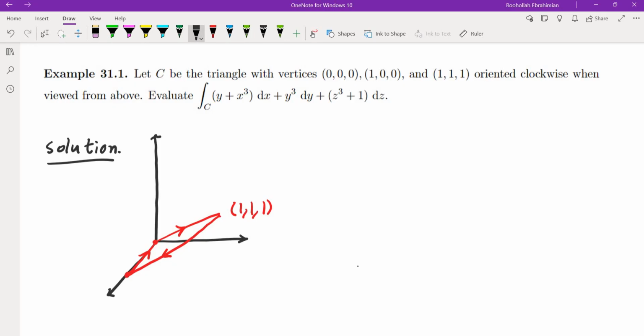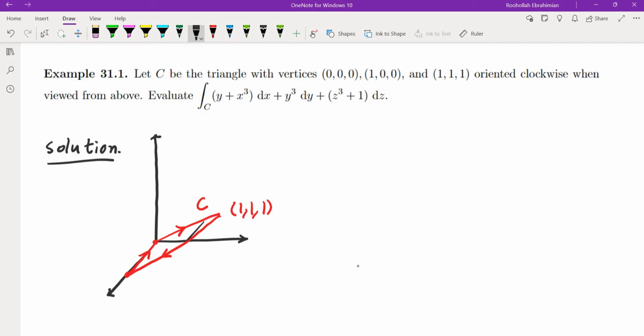Now, if we were to evaluate this using the direct computation or the definition, we would have to have three parameterizations for this curve because this curve is a combination of three different segments. So we'll have to do this line integral three times. Instead, we are going to choose a surface whose boundary is this curve C, and use Stokes theorem. If you look at this triangle, what is a surface whose boundary is this?